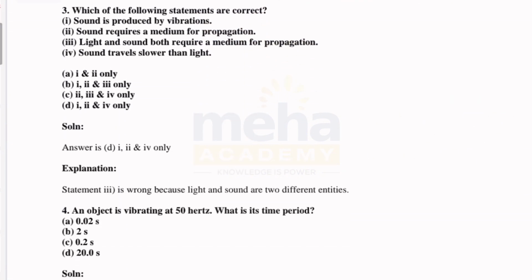Next. Which of the following statements are correct? Sound is produced by vibrations. Yes, always a vibrating object produces sound. Sound requires a medium for propagation. Very true. The medium can be solid, liquid or air. Light and sound both require a medium for propagation.